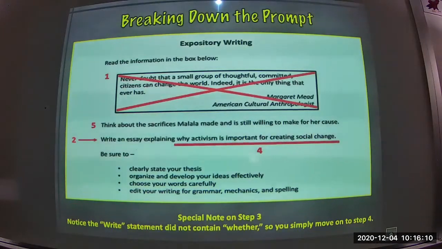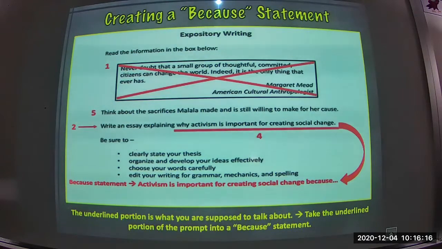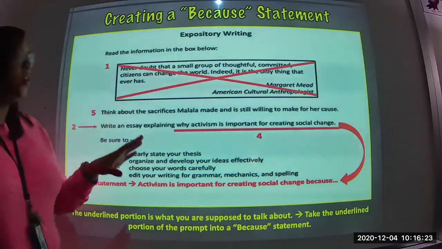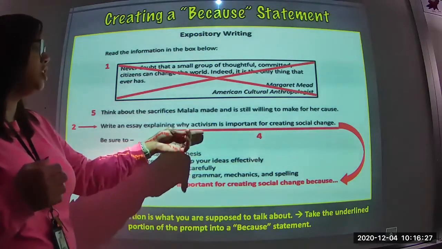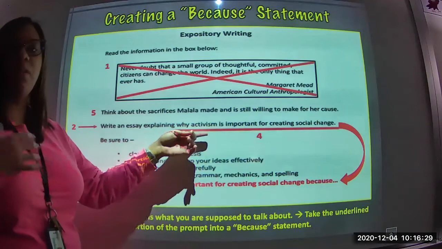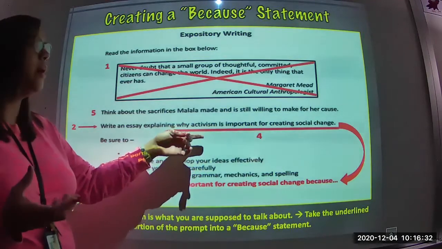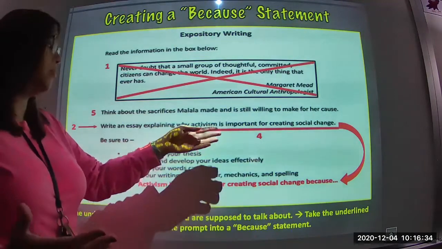And again, we are going to be sharing this with you so that you'll be able to see all the steps to go through the pre-writing. But do you want to talk to them about how to change the thesis statement? So in order to create your thesis statement, you have to change what it is asking you to write about into a because statement, okay?